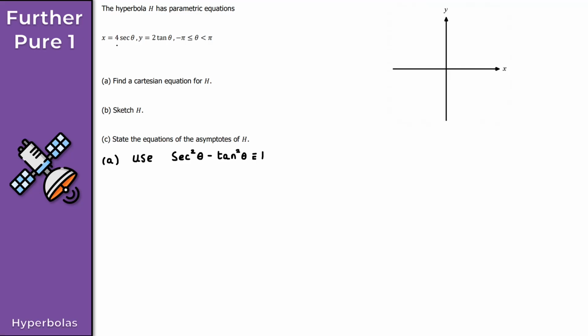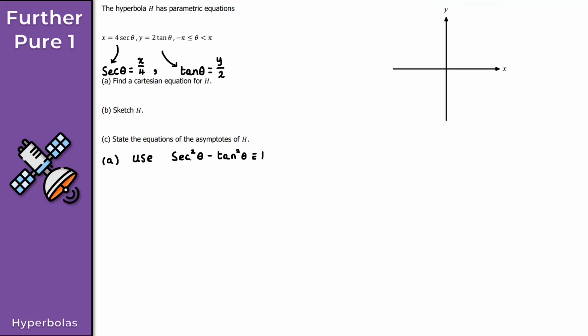So what I'm going to do here then is rearrange my parametric equations in terms of sec theta and tan theta, and then we can use our trig identity here. So in that case then, let's do that up here. As we can see then, sec theta is equal to x over 4. And then for this one here, tan theta is equal to y over 2. So hopefully nice and straightforward there, like so. So now we can use our trig identity here.